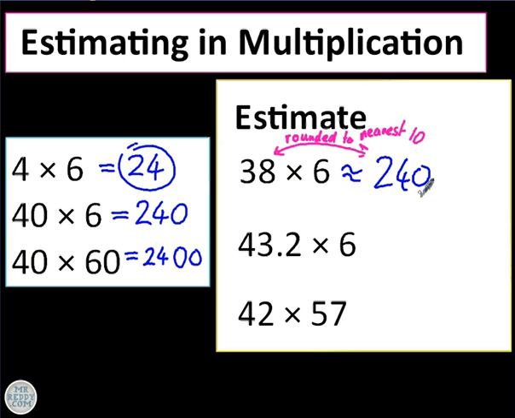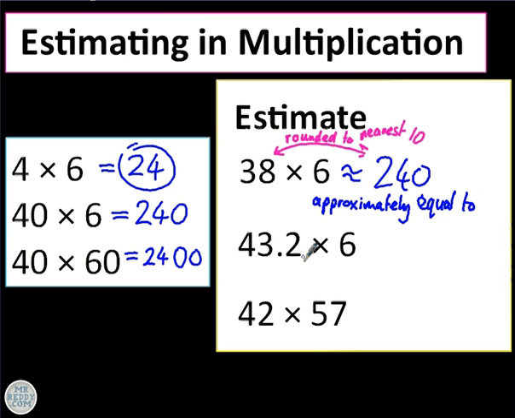It's not the actual answer, but we weren't asked to find the actual answer. We were just trying to estimate this. What does this funny squiggly symbol here mean? It means approximately equal to. It's not exactly equal to, it's approximately equal to or roughly equal to.